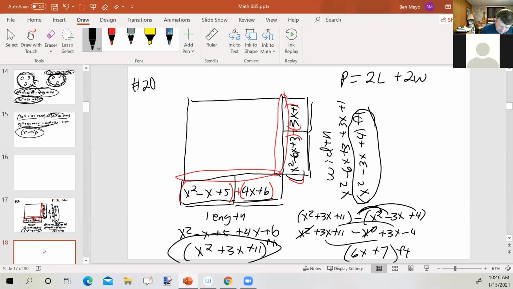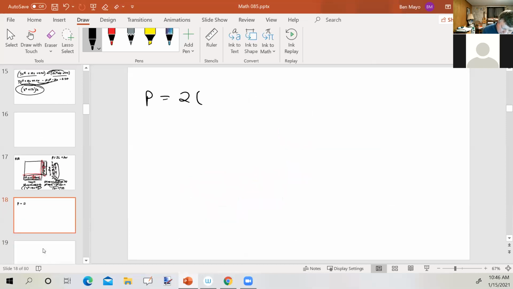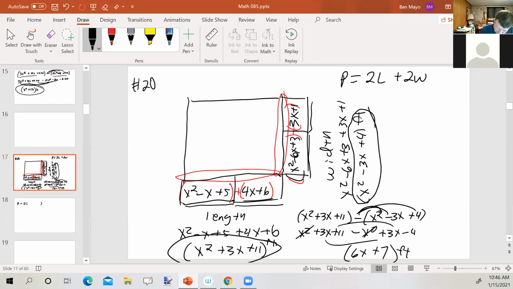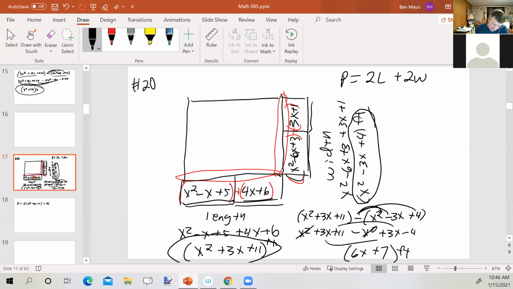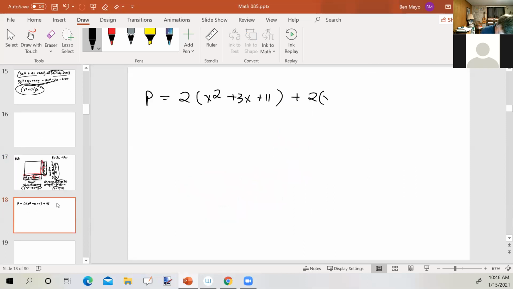So the perimeter equals 2 times the length, which is x squared plus 3x plus 11, plus 2 times the width, which is x squared minus 3x plus 4. All right there?